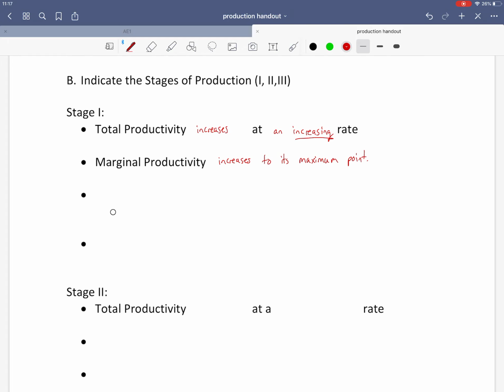Now, during stage 1, we have what is called increasing marginal returns.